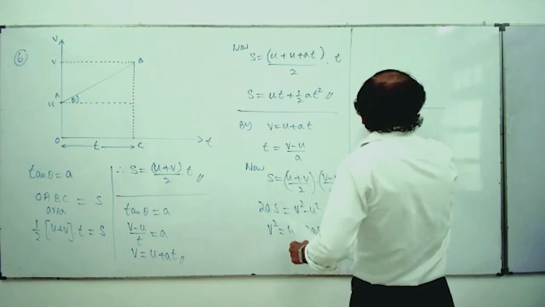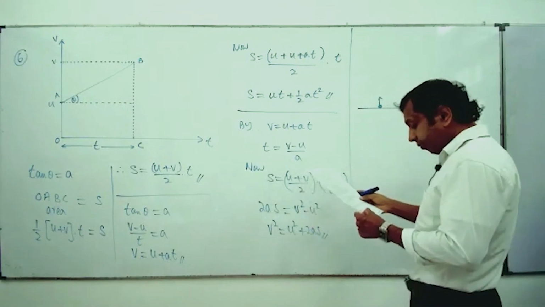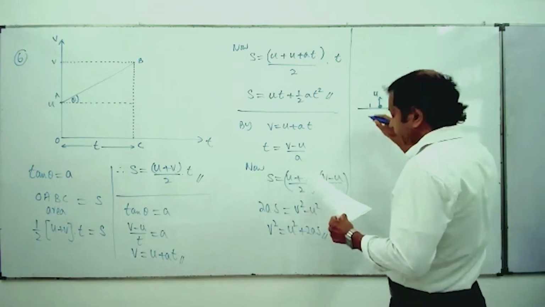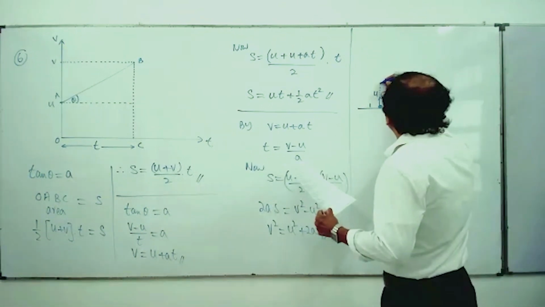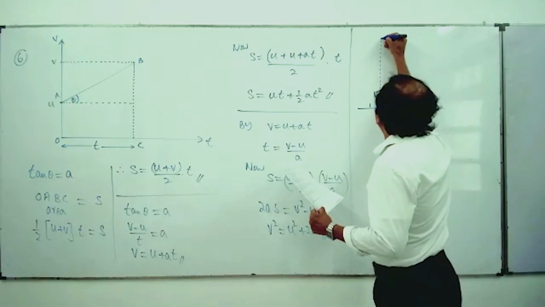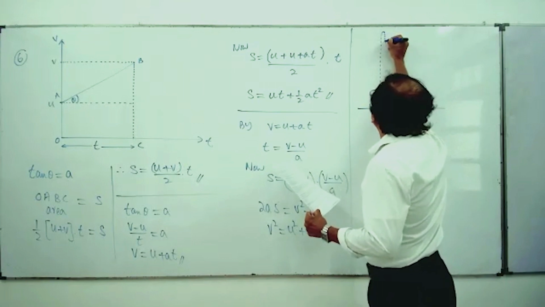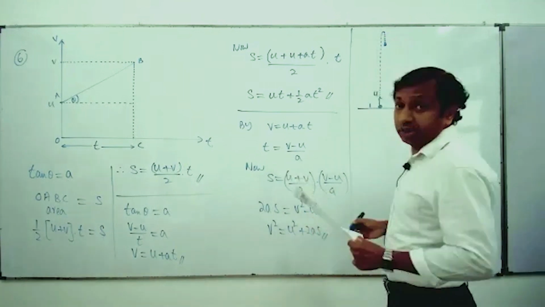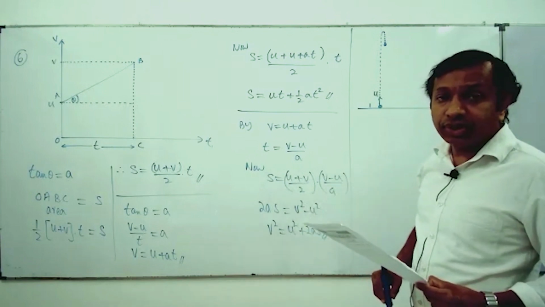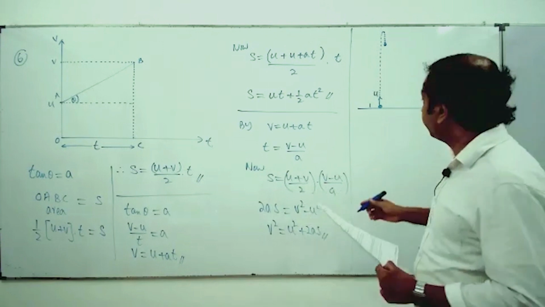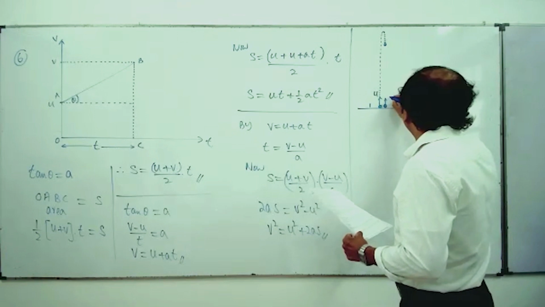Here, first particle, right? Particle 1 is projected upwards. Then this goes to a maximum height, and while coming downward the collision must take place, because the second particle is also projected initially from the same point with the same velocity, right? Then this is the second particle, also with the same velocity.